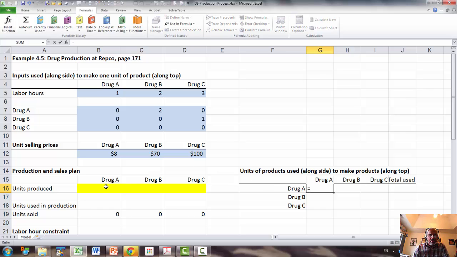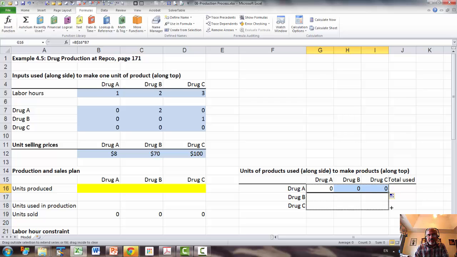How many units of A we're going to make, and we're going to have to copy this down below, so the row should remain the same. Multiplied by how many units will be used for producing drug A.